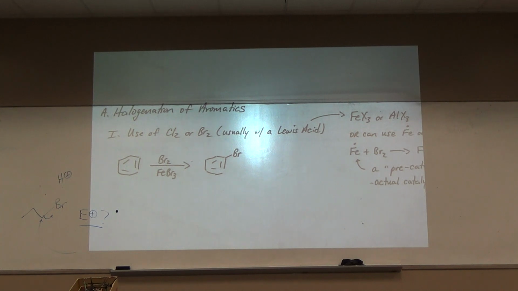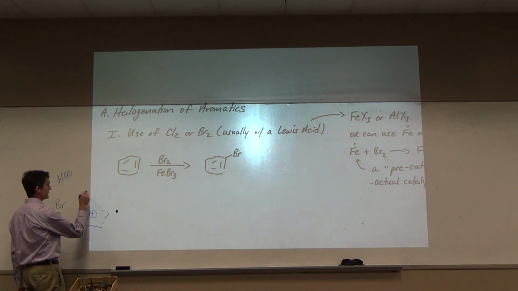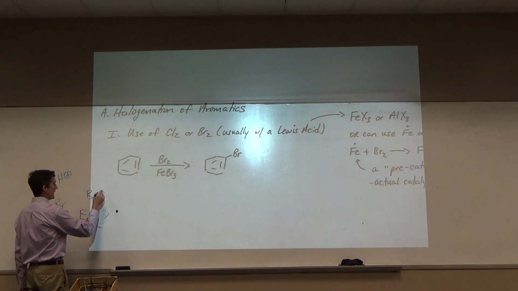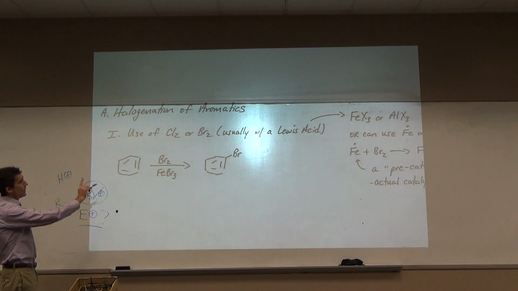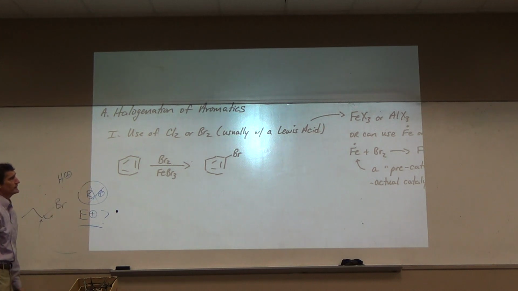Now, it's not always going to be E+. For example, with bromination, we're not going to form Br+. At least not just a single bromine atom plus. Now for iodine, maybe. Okay. We're going to use chlorine or bromine.